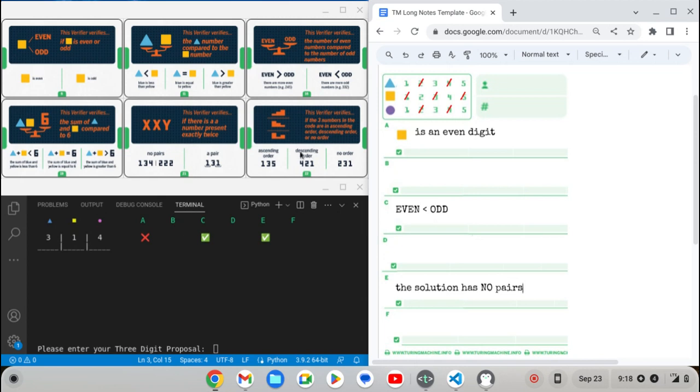I'm not sure. So if there's something like no order, could it be something like 3, 2, 5, remembering that there can't be any duplicates? Could be something like that. Let's go ahead and try that. Let's do 3, 2, 5.